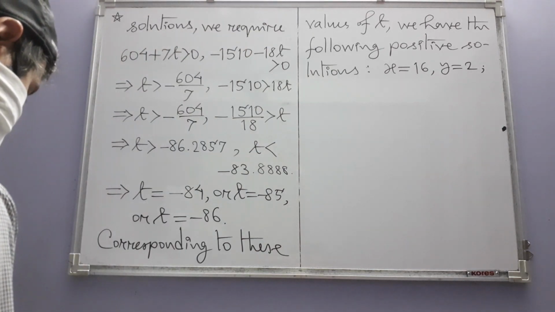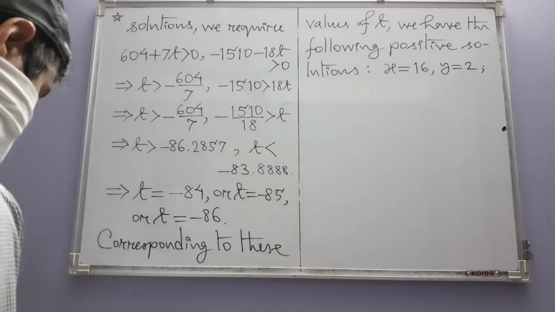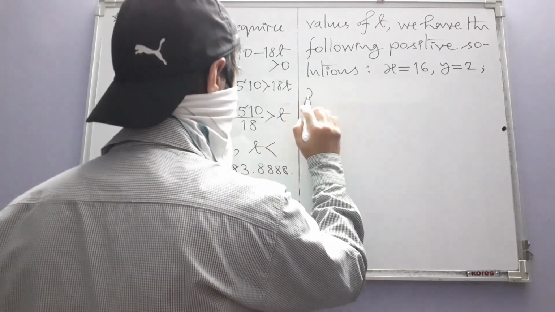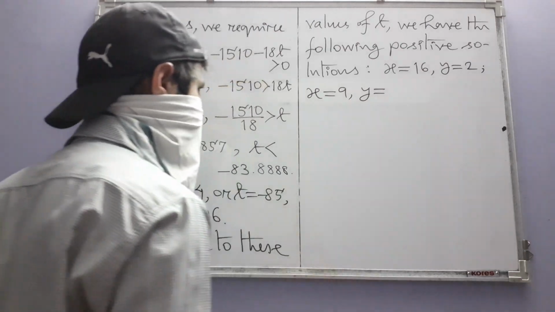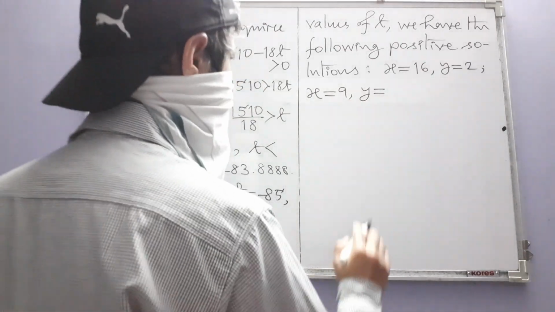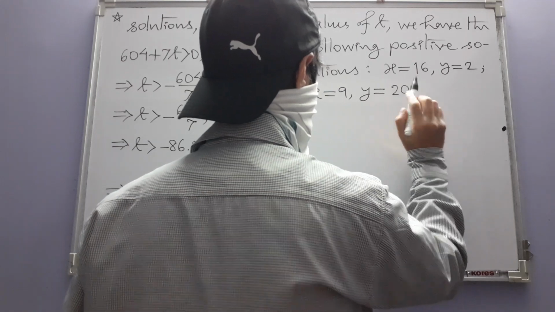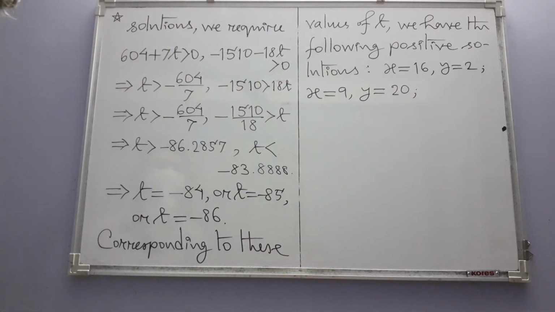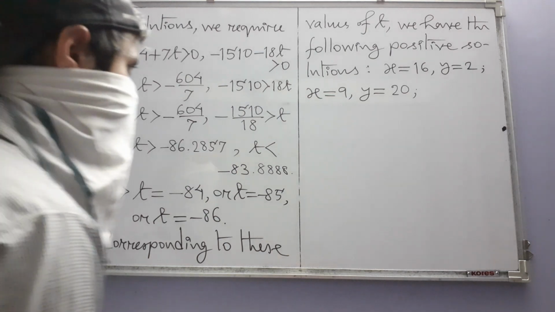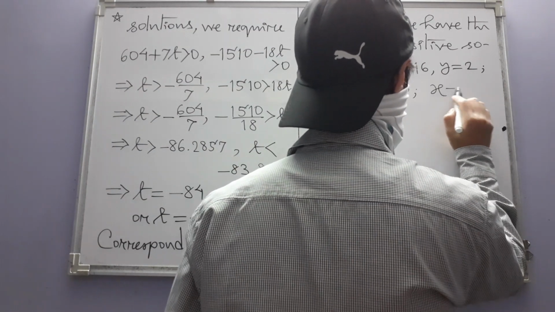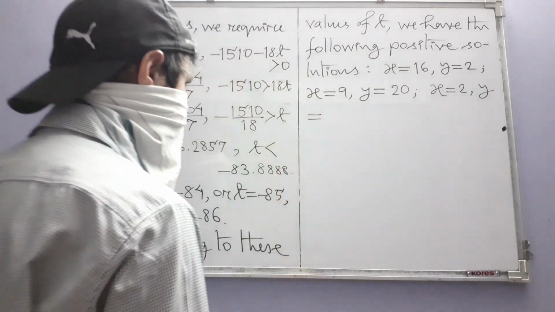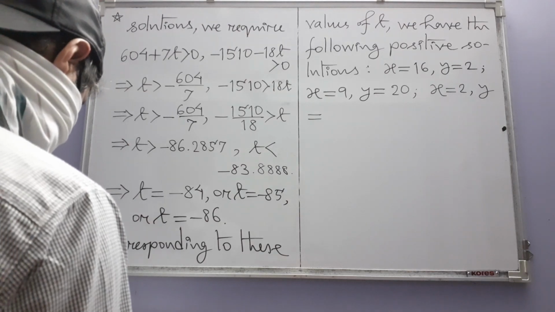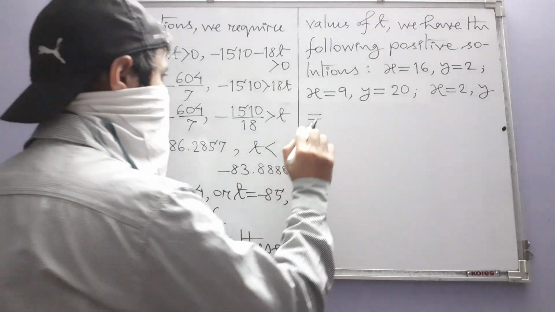Then for t equal to minus 85, the values are x equal to 9 and y equal to 20. And for t equal to minus 86, the values are x equal to 2 and y is 38.